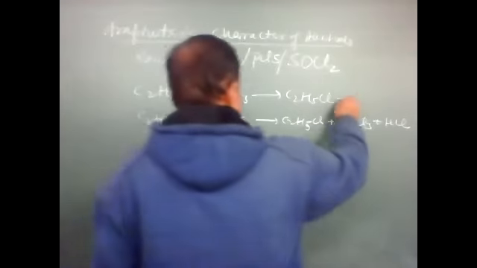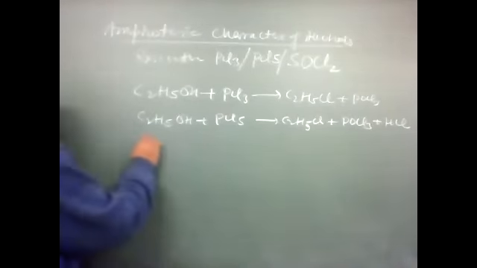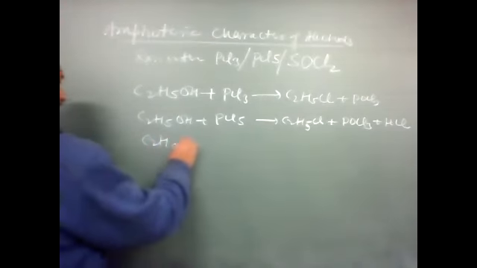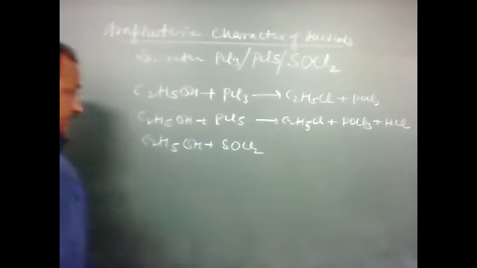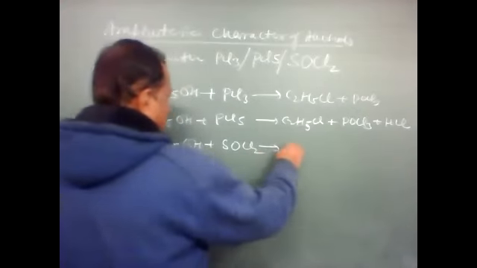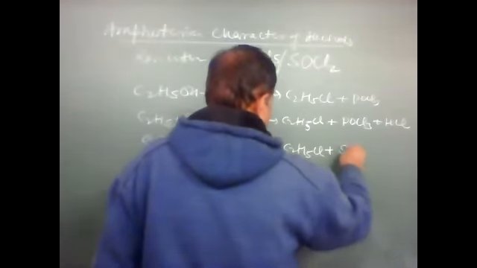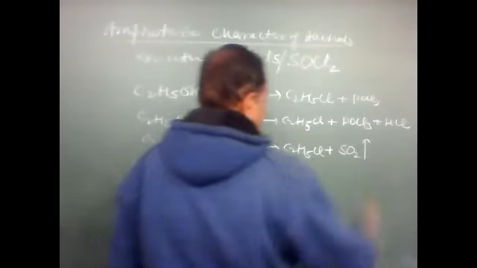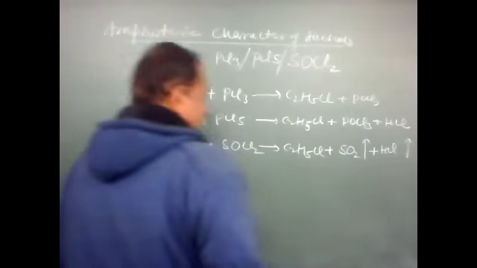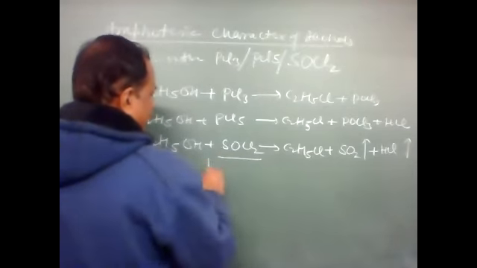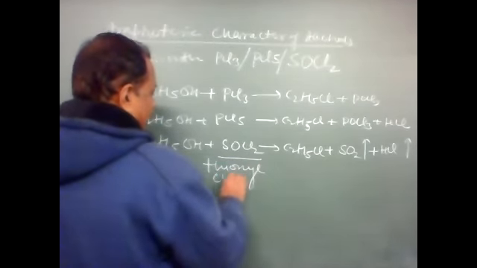So similarly here it is also there. Now in case of this alcohol plus SOCl2, there is formation of alkyl chloride plus SO2 gas plus HCl gas. This is called thionyl chloride.